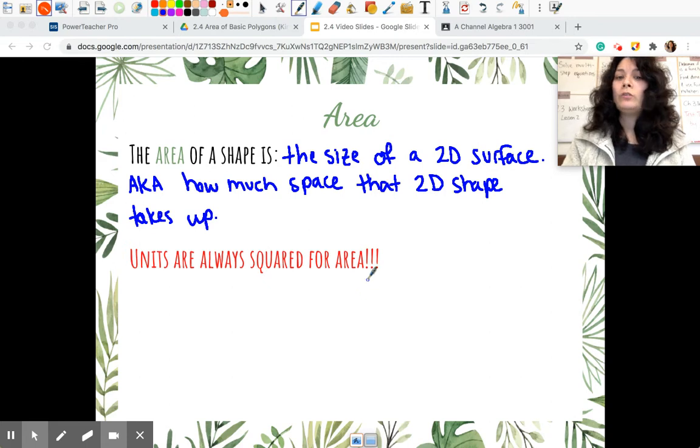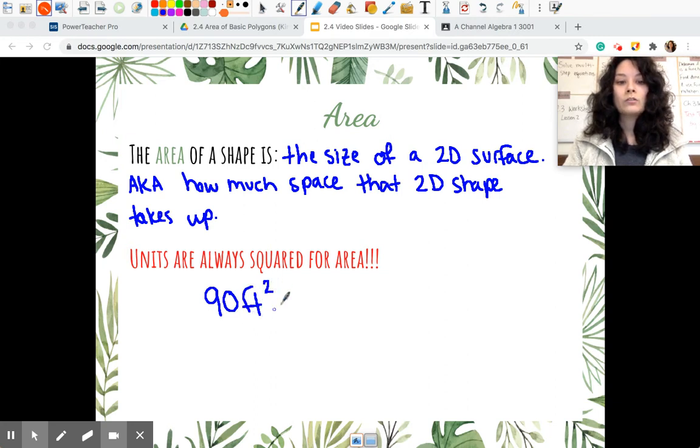Hopefully, when you learned perimeter, you learned the importance of always including units in your answer if that shape had units. So if it was a shape where all the units were feet, you would say that the perimeter was however many feet. When we're finding area, if we're given units, we need to make sure that we square those units. So in other words, for Doug's kitchen, the area would have been 90 feet squared.